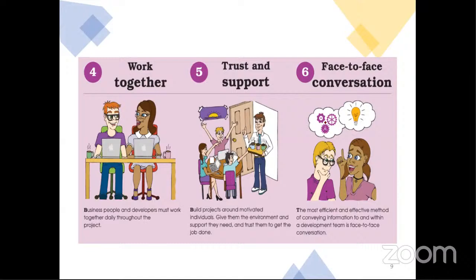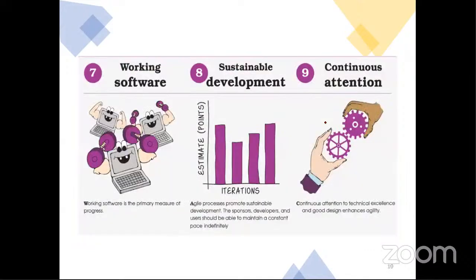So that is my next principle. Next is face-to-face conversation. The most efficient and effective method of conveying information to and within a development team is face-to-face conversation. The next is working software. Working software is the primary measure of progress.